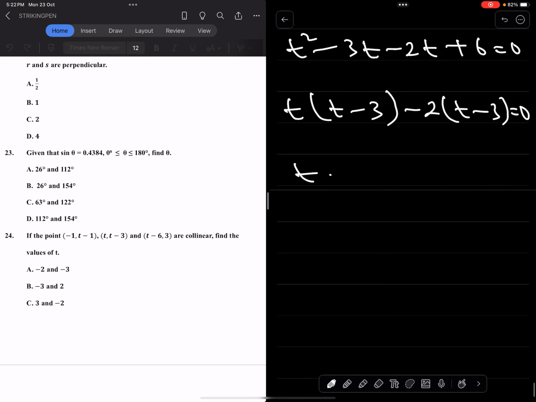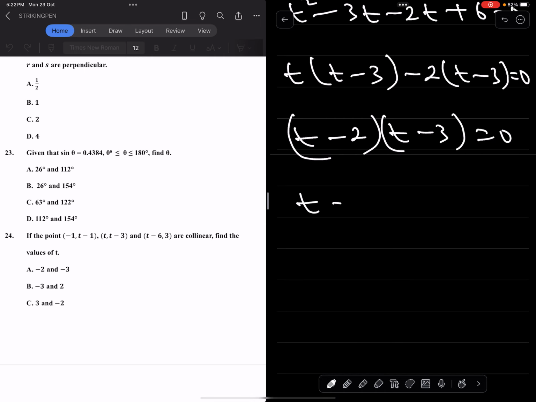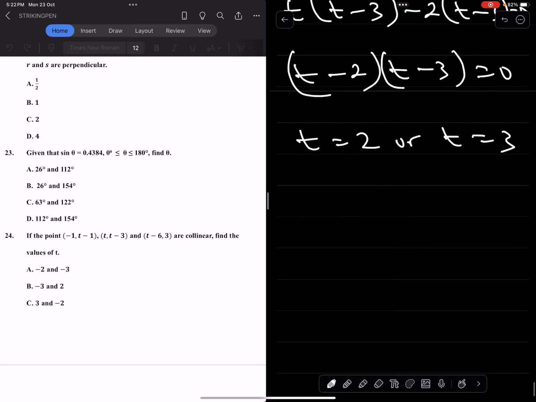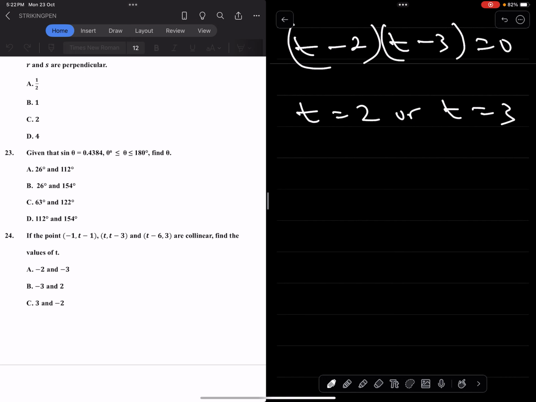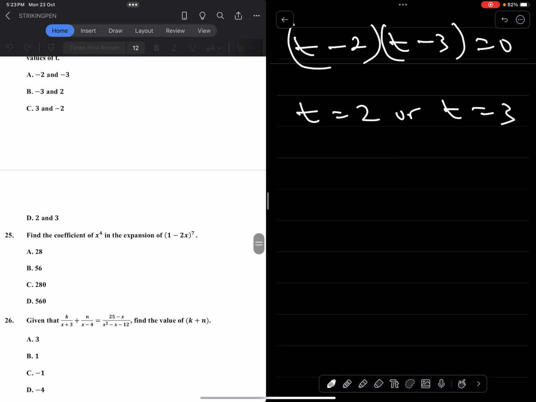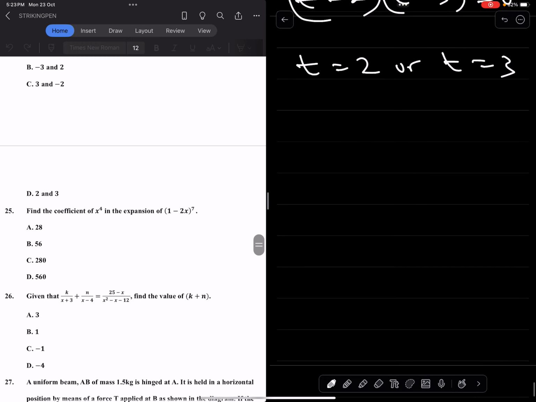That simply means (t minus 2) times (t minus 3) equals 0. This simply means t equals 2 or t equals 3. So the values of t are 2 and 3. And that's it, very simply. The correct option is D.